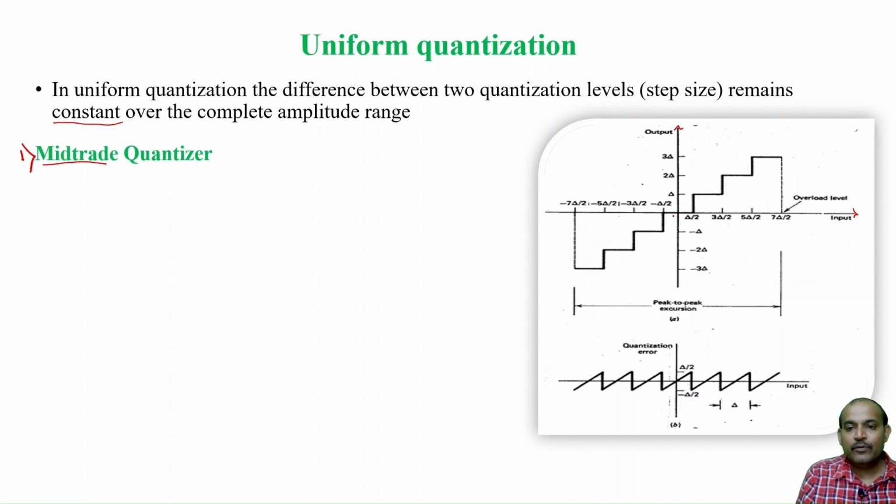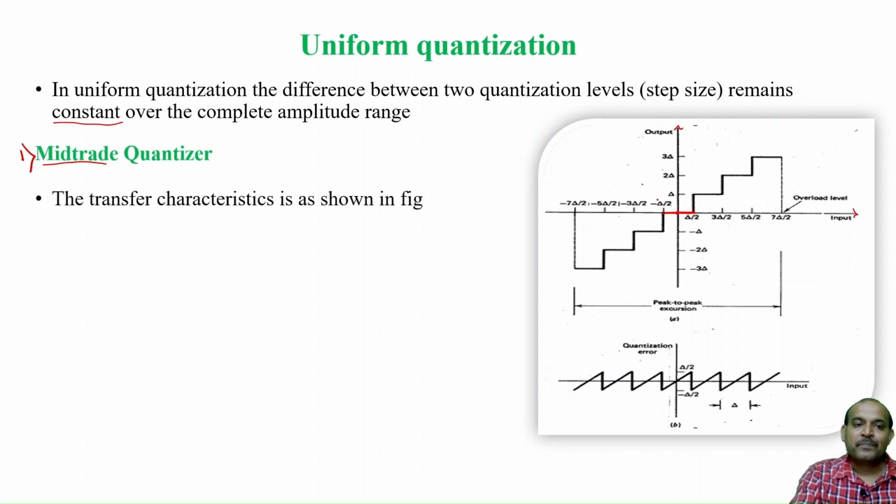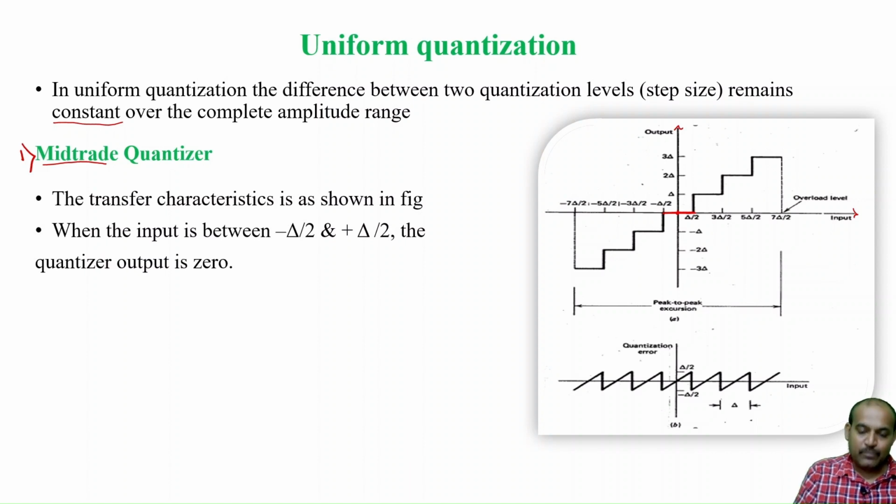If your input is between minus delta by 2 and plus delta by 2, the output is 0, correct? Or when your input is 0, the output is also 0. So when your input is between minus delta by 2 and plus delta by 2, as marked here in red, the output is 0.